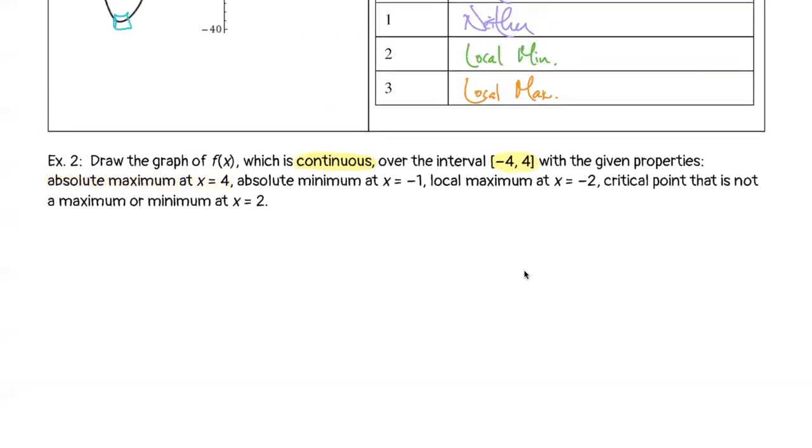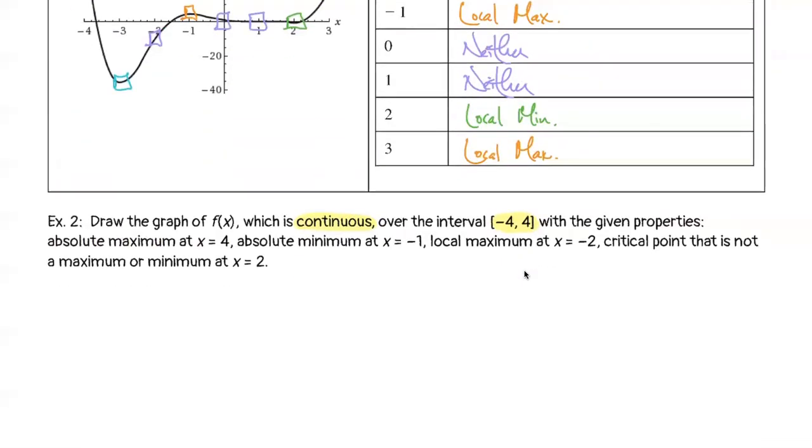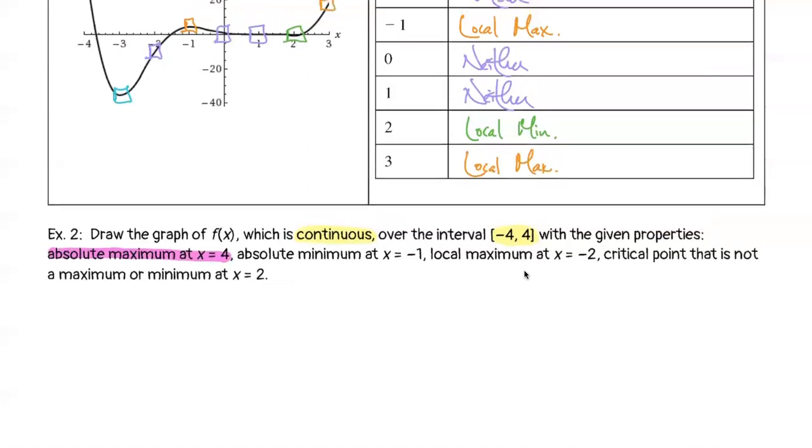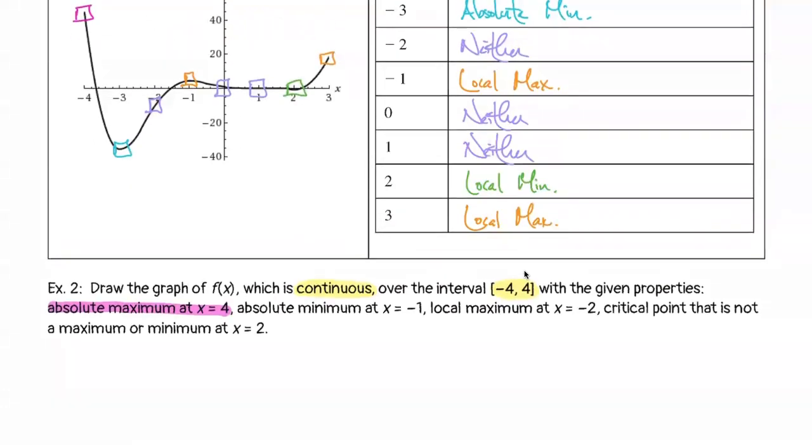Actually, let's use the same colors from before. What colors did I use? Pink. It is an absolute maximum at x equals 4. It has an absolute minimum at x equals -1. It has a local maximum at x equals -2.